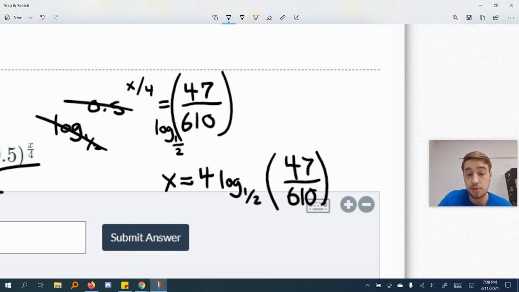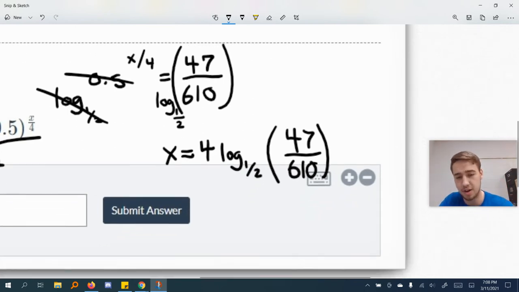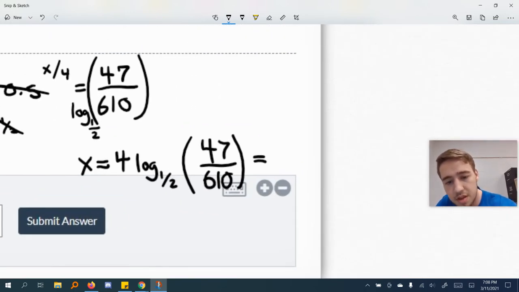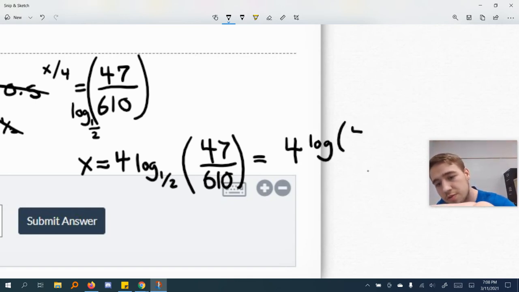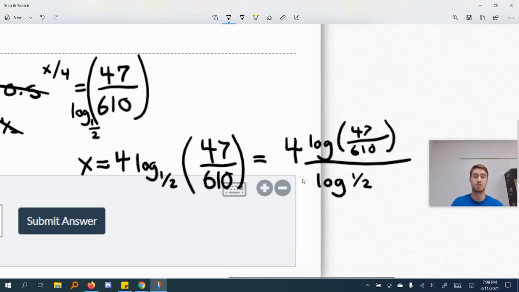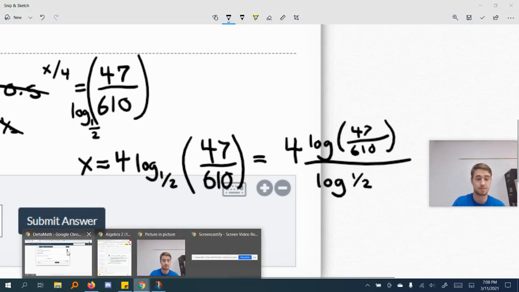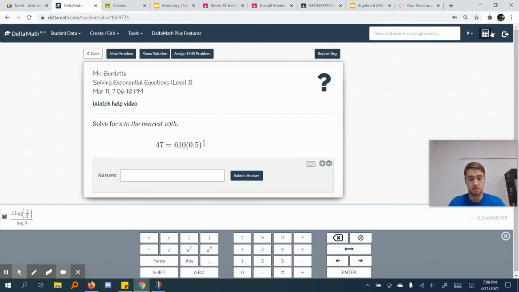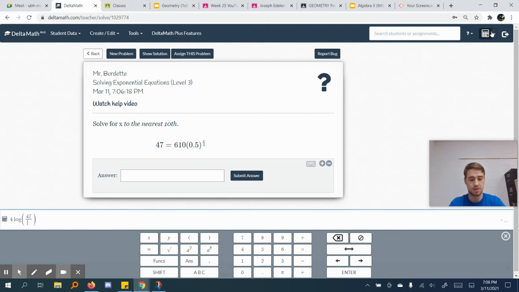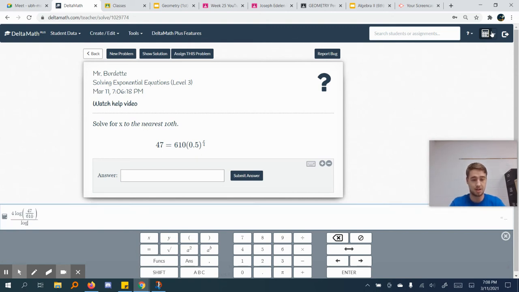So now what we're going to do is simply, like we've done a moment ago, that is going to be the same as 4 log 47 over 610 divided by log 1/2. Let's throw that in a calculator and see what we get. 4 log 47 over 610 divided by log 1/2.